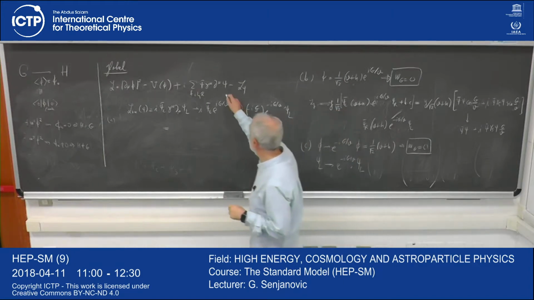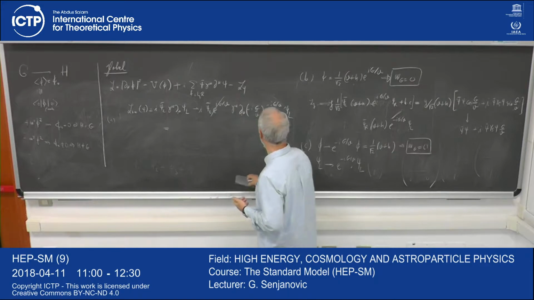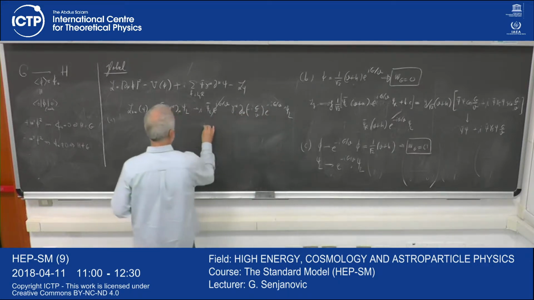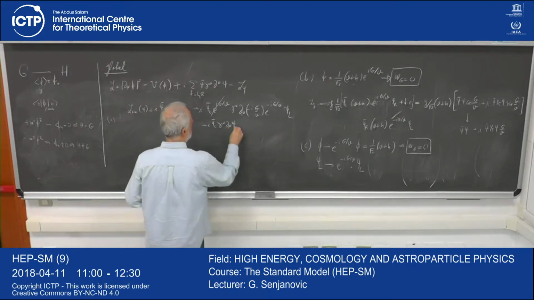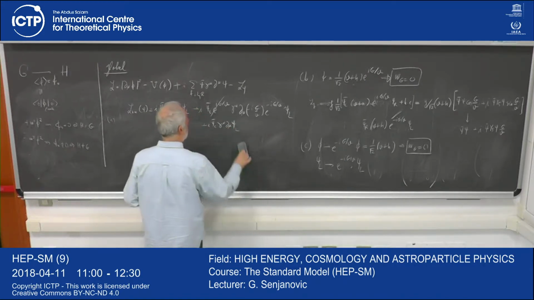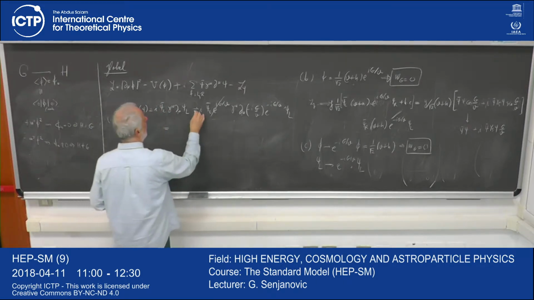So this will cancel. Sorry, there is also a piece. Plus, of course, i psi L bar gamma mu d mu psi L. That piece remains. Okay, the change will give me this.